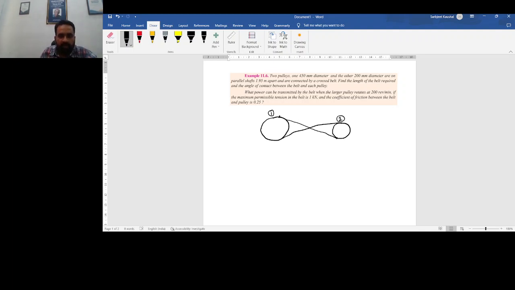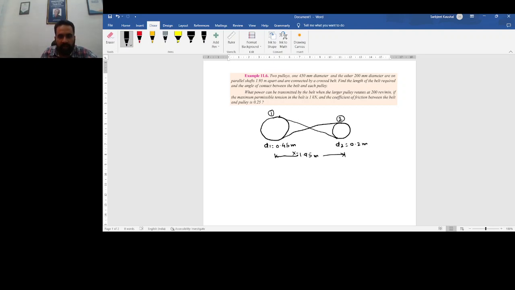The dia of the first pulley is 0.45 meter. Dia of this driven pulley is 0.2 meter. We have converted mm into meter. And the distance between the center points of these two pulleys is 1.95 meter.